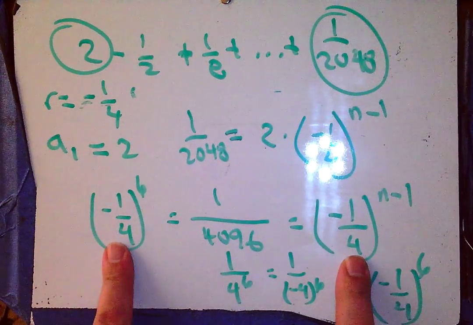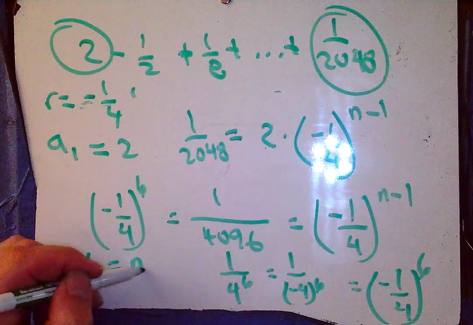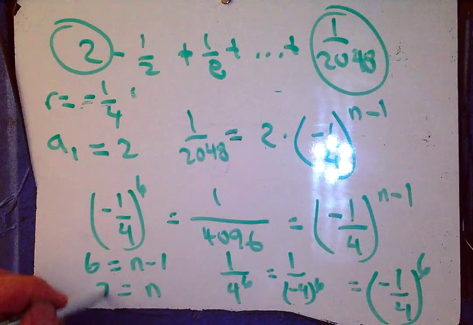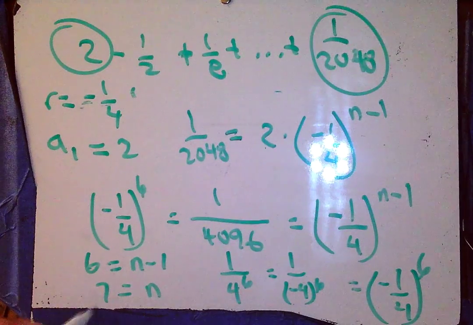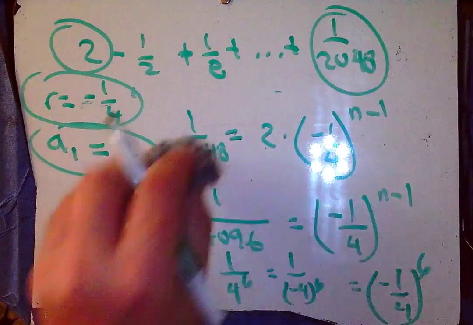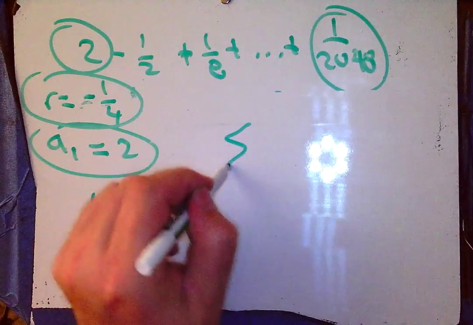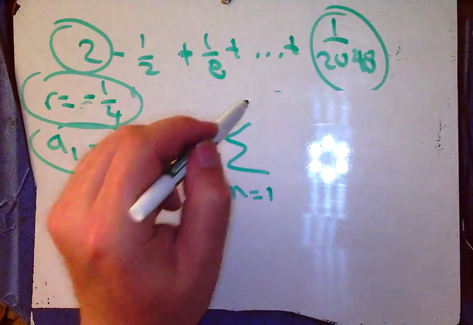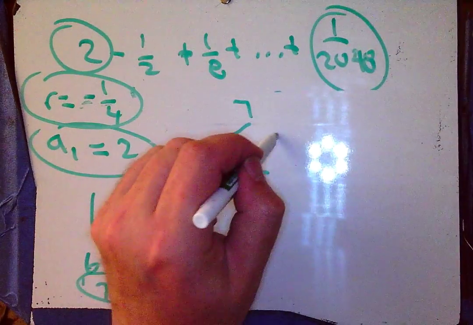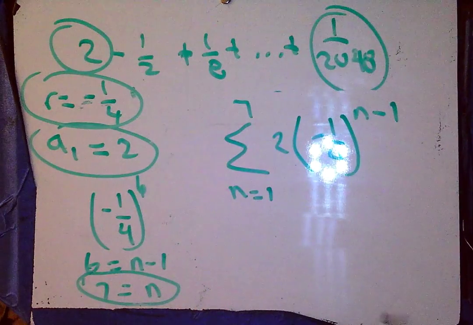Since the bases are the same and the terms are equal, the powers must be equal, so 6 equals n minus 1, and n equals 7. So now that we know our n value, our a sub 1, and our r, we can write this in sigma notation. So in sigma notation, n equals 1 to 7 of 2 times negative 1/4 to the n minus 1.